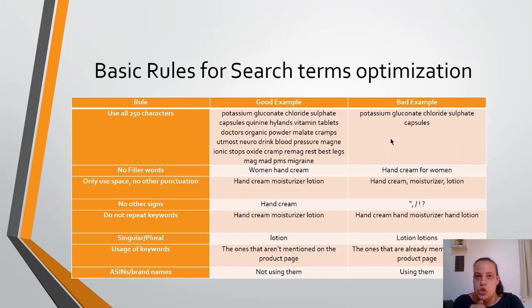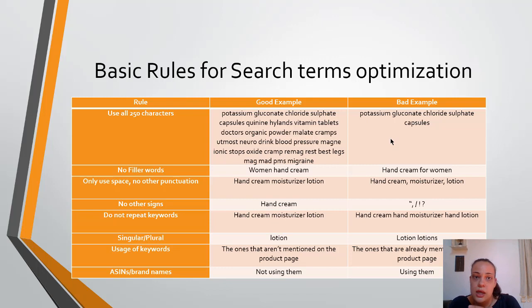But if you can choose, make sure to choose the search terms that weren't mentioned on your product listing on the front end, on the end that users can see. If it wasn't used and it still is relevant to what your product is, then most probably this is a good candidate to add to the backend. So keep that in mind.